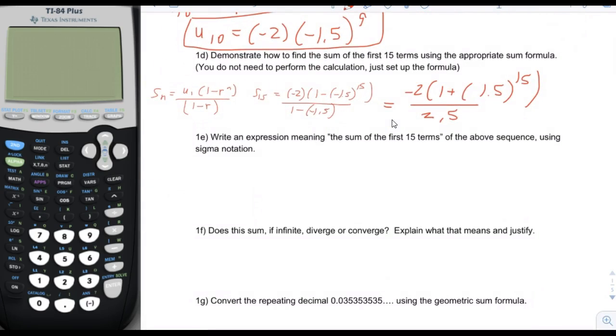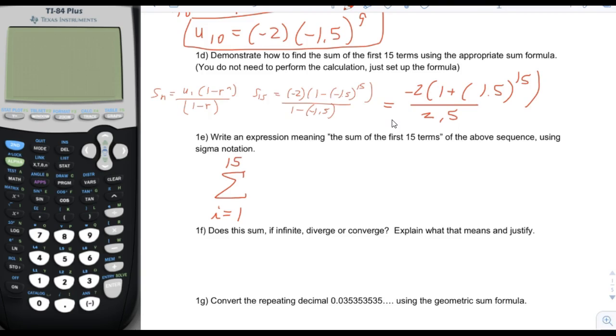1E, write an expression meaning the sum of the first 15 terms of the above sequence using sigma notation. Okay, so remember sigma notation. You're going to have a sigma and a counter variable, and the counter variable is going to go from the first term, which is i equals 1, to the 15th term, which is the last term.